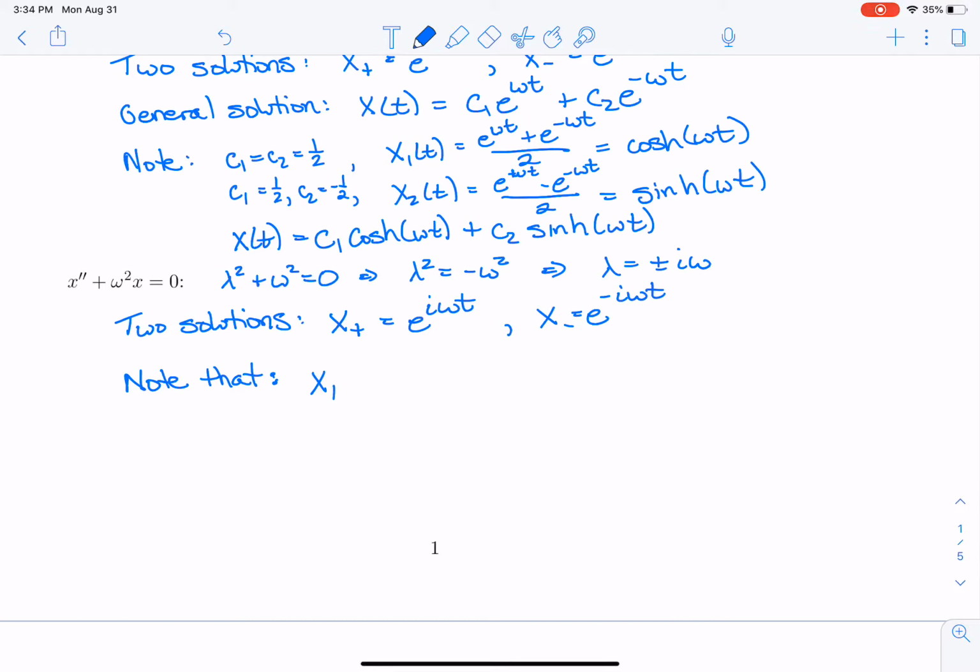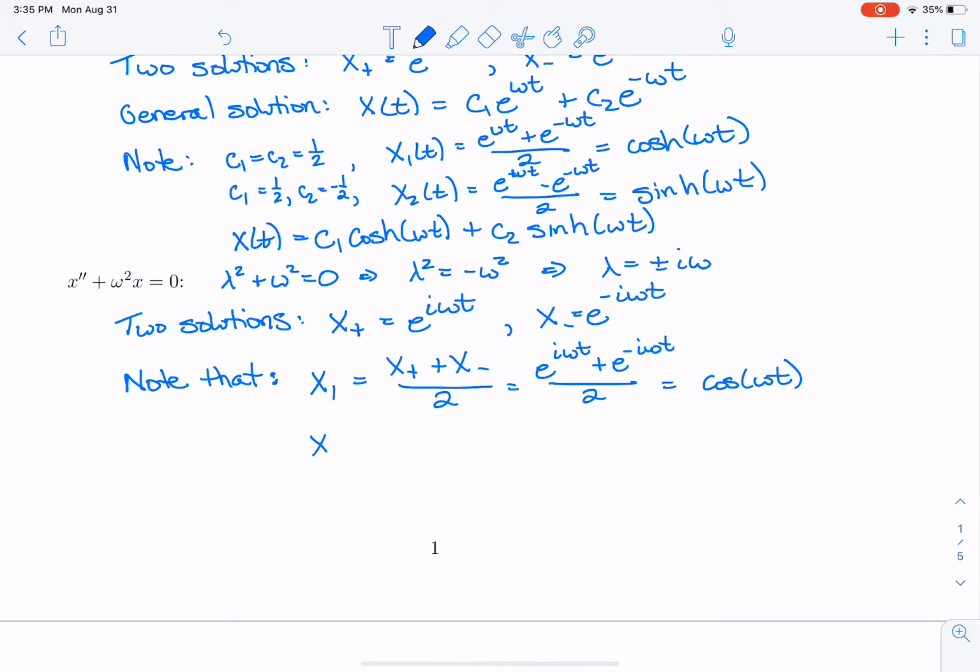So I'm going to let x1 be x plus plus x minus over 2. Okay, so think about that. That's e to the i omega t plus e to the minus i omega t over 2. Well, we saw that that's actually the definition of cosine of omega t. And then x2, we could let be x plus minus x minus over 2i.